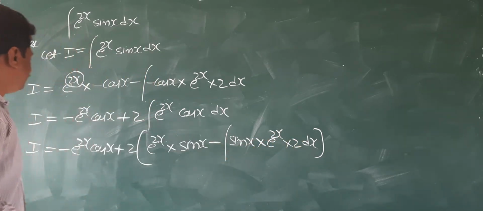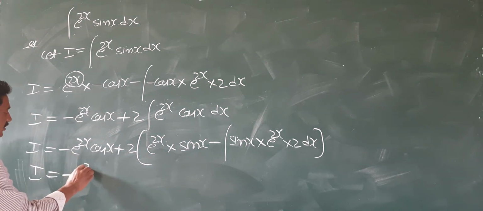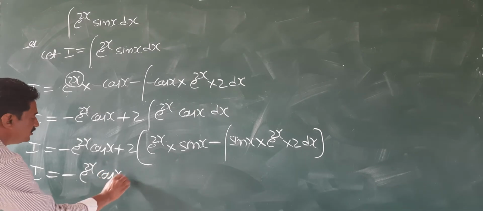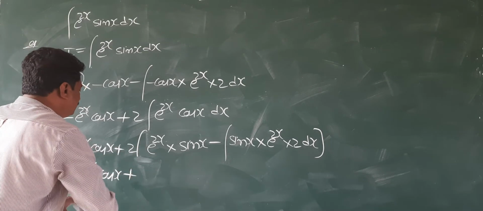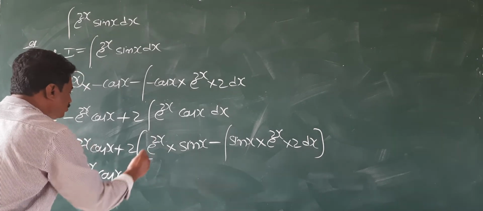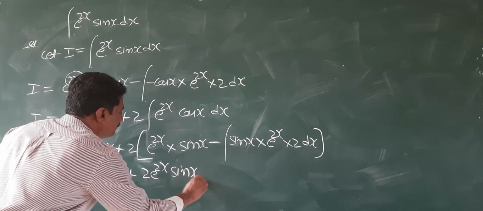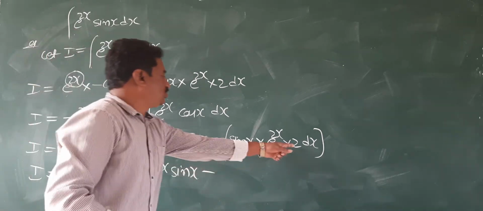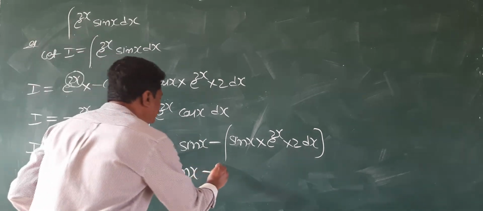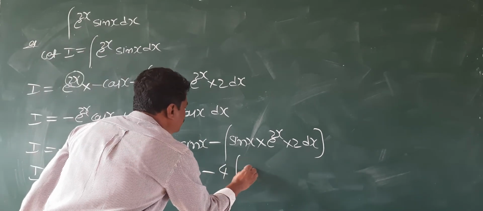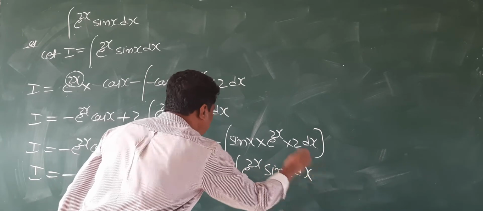Multiply by 2 now. I is equal to minus e power 2x cos x plus, multiply by 2: 2 e power 2x sin x minus, 2 twos are 4, integration of e power 2x sin x dx.